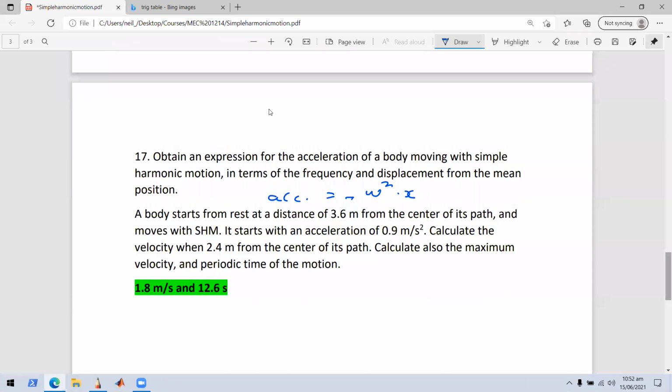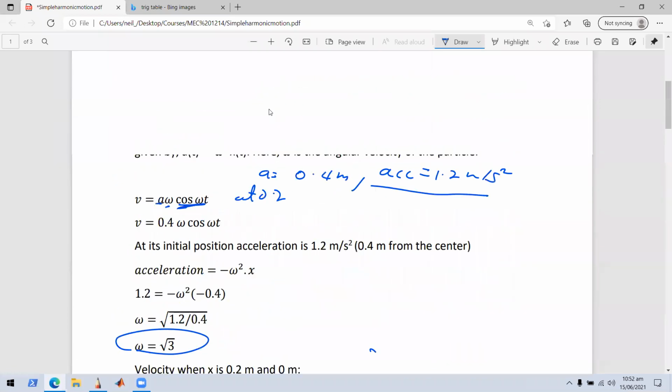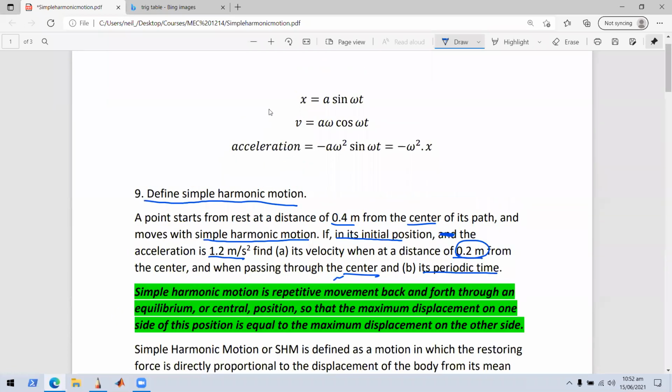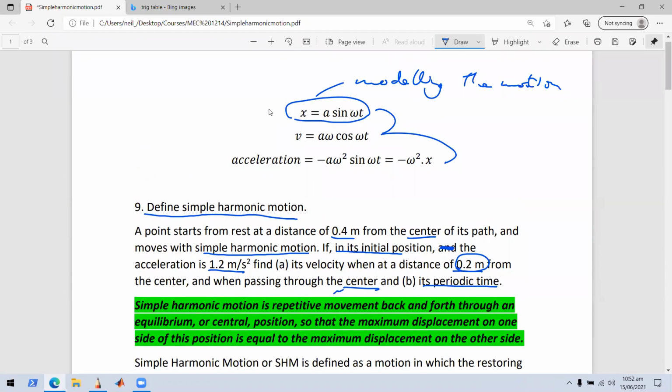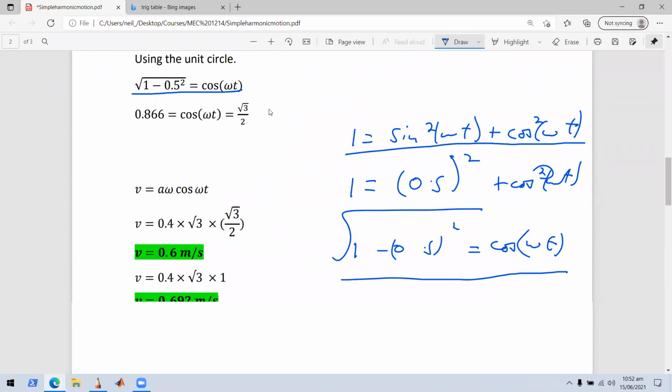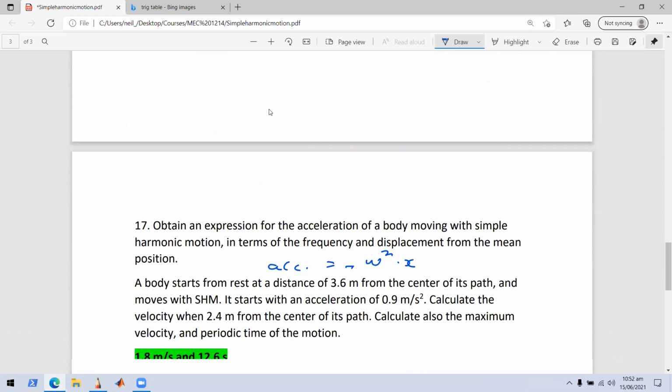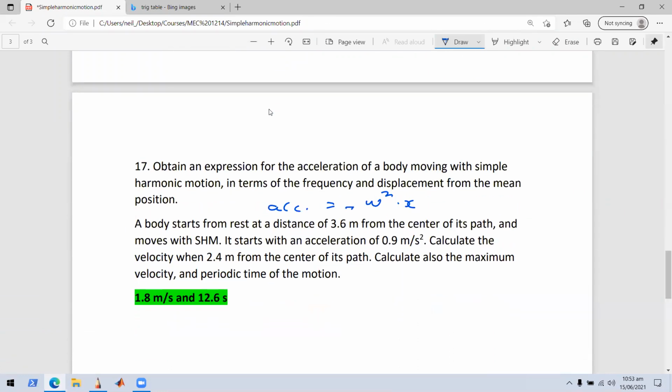I showed you how to derive that formula by differentiating, and it is generated from modeling the motion. So start from the top, work down, and you'll get this expression. Just prove that expression before you work the problem.